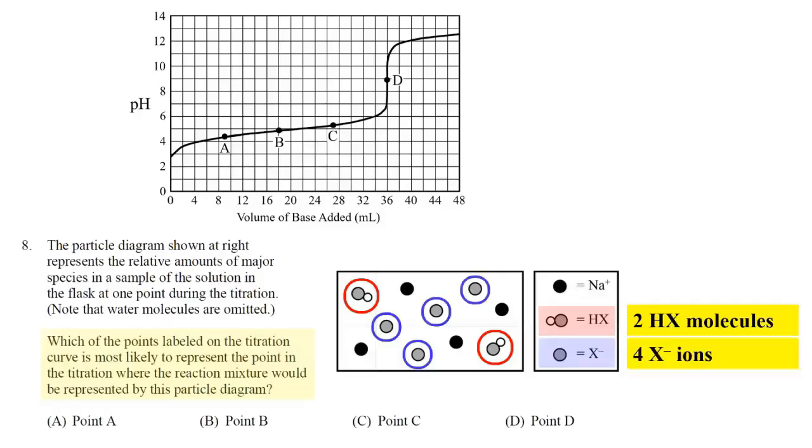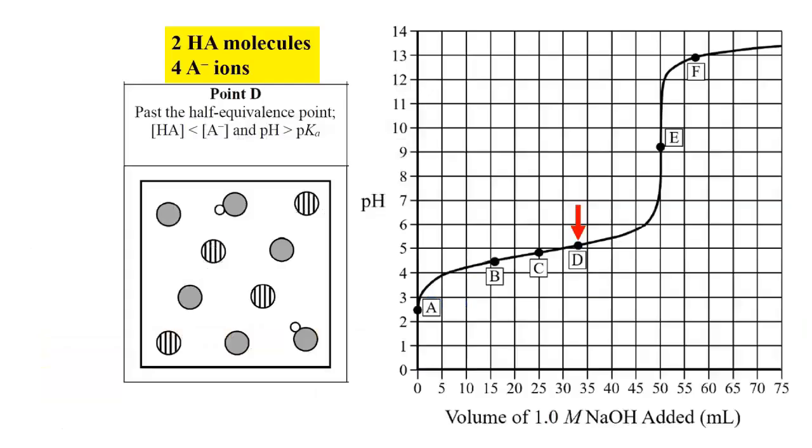So where on this titration curve would there be a solution in which there is a greater amount of X minus, the conjugate base, than molecules of the weak acid? You're not going to be at the half equivalence point, you're going to be past the half equivalence point.